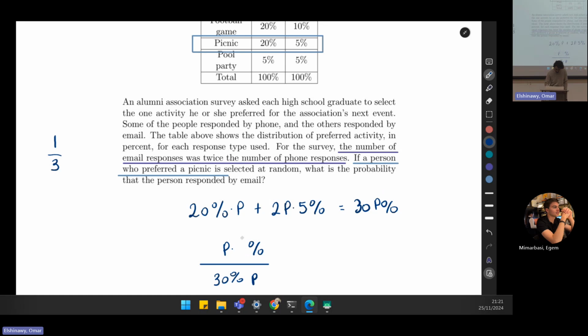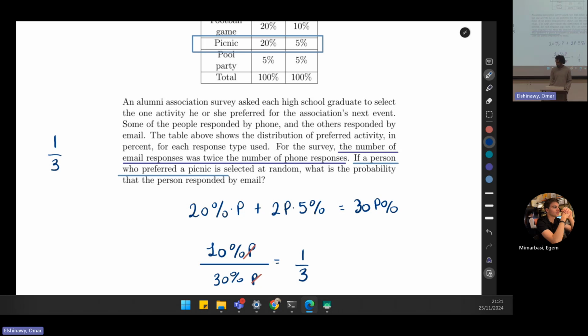Twice of P times 5% is 10%. So I think the math wording is a bit confusing. Maybe that's an error on my part.